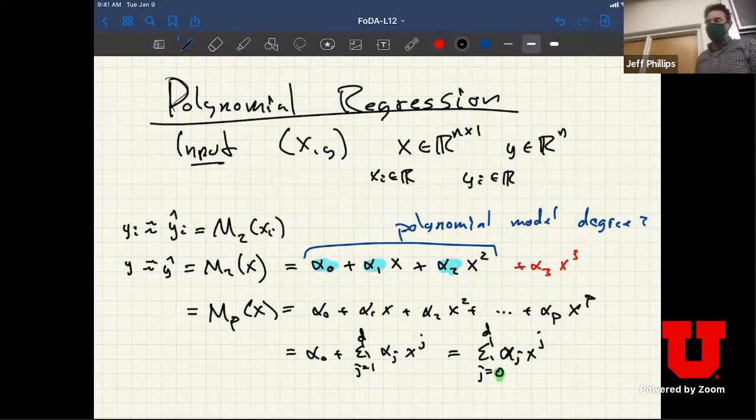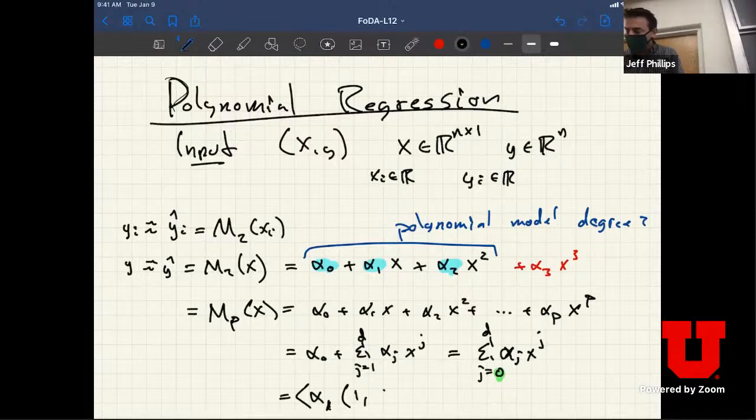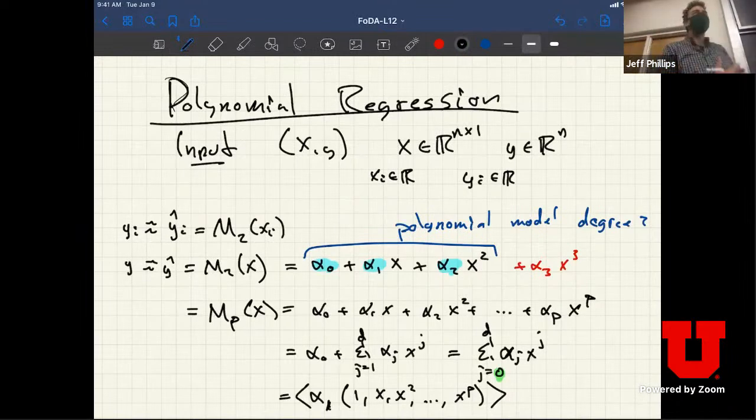And what's cool about this is that it's actually a dot product of alpha with 1, x, x squared, up to x to the p. So it's still a dot product model. Even though the model is more complicated, I can still evaluate it as a dot product, but I have to convert it a little bit first.